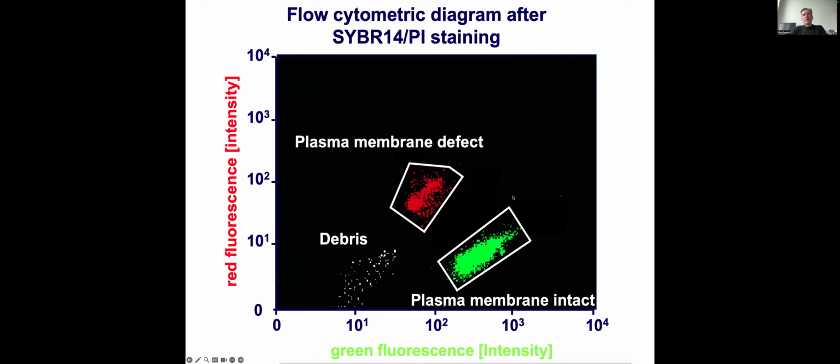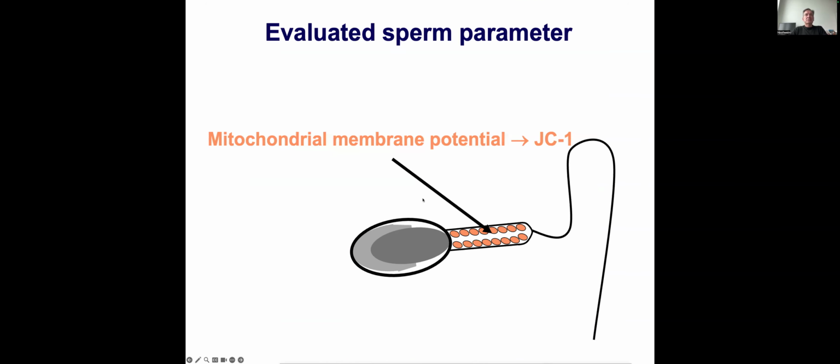And you are only measuring here the percentage of the population with the green fluorescence and the red. And then you can say, for example, here 60% show more green fluorescence, and these are the sperm with an intact plasma membrane, and red, here are the sperm with a defect plasma membrane.